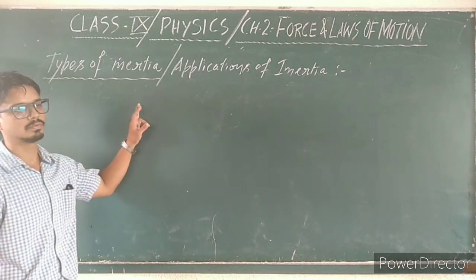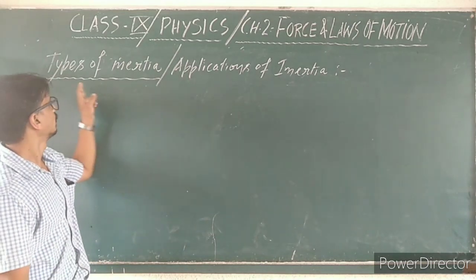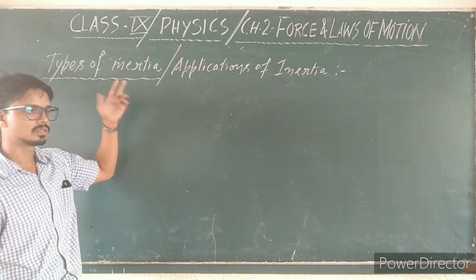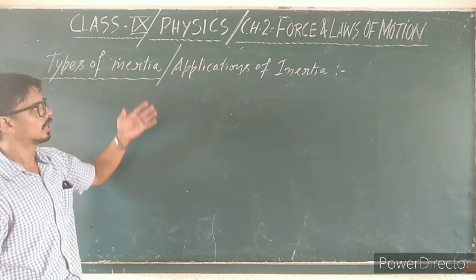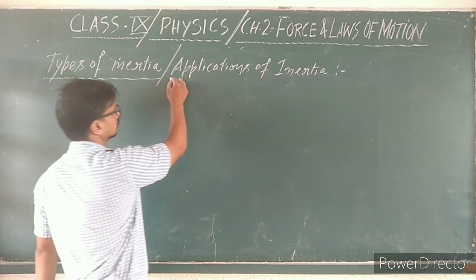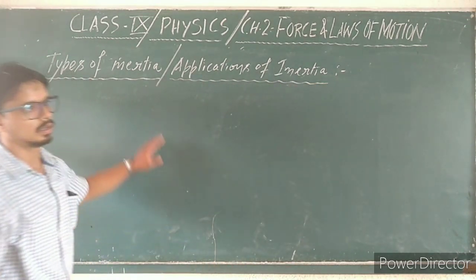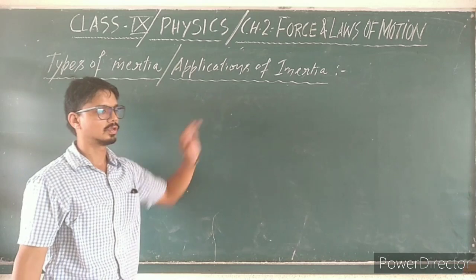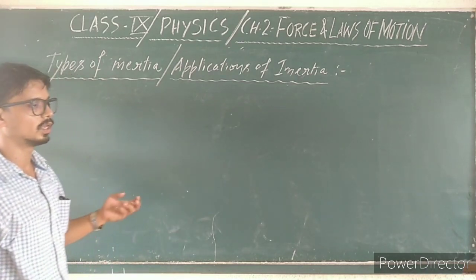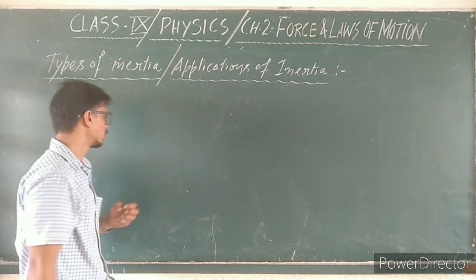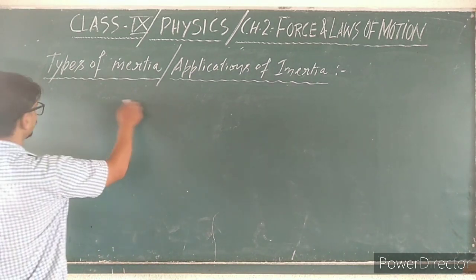Okay guys, now we are going to discuss the types of inertia, or in simple language, the applications of inertia. How does inertia apply to an object, how does an object behave with inertia? So there are three applications of inertia.